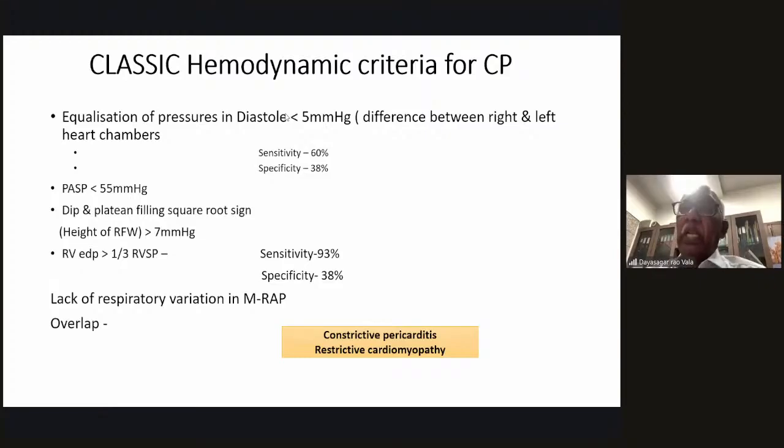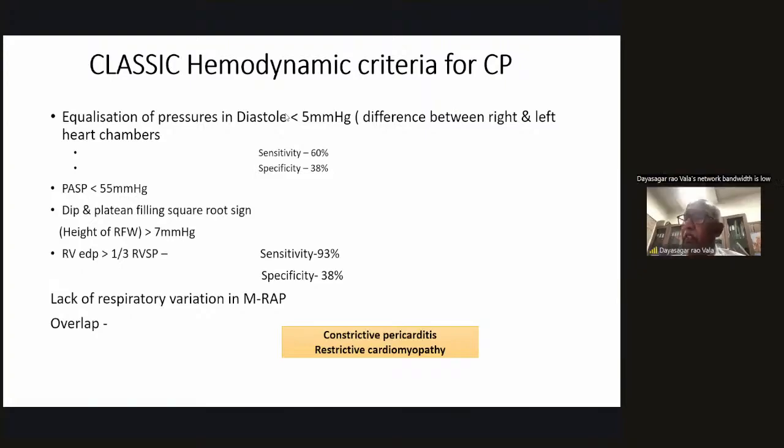So the previous classic hemodynamic criterion for CP was equalization of pressures in diastole, meaning that the diastolic pressures in atria and ventricles, between the right side and left side, are within 5 millimeters of each other. Mind you, it is during diastole. This is basically because the thickened fibrotic pericardium exerts its effect equally on both the right and left ventricle.